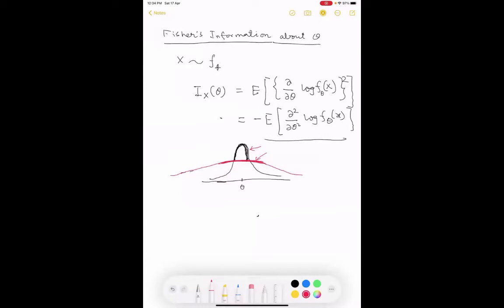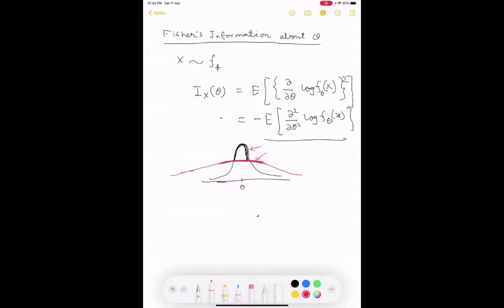So I came up with my interpretation, and this looks like what he meant to capture: on an average, what is the curvature. In some sense, curvature is a measure of the information.